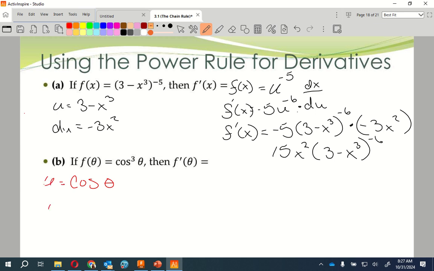So my u prime, or du, my derivative, is going to be negative sine theta. So I'm going to rewrite it now. So it's going to be f of theta is equal to u to the third power.